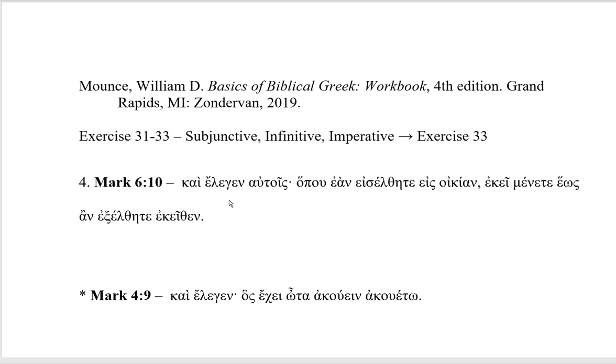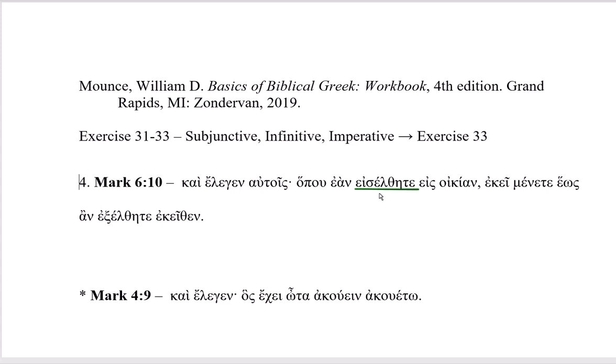And he said to them, so this is a simple imperfect, and he said to them, hopou ean, where or perhaps whenever. Ean could be if as well, but together with hopou it could be whenever. So when or whenever, here we have eiselthete.